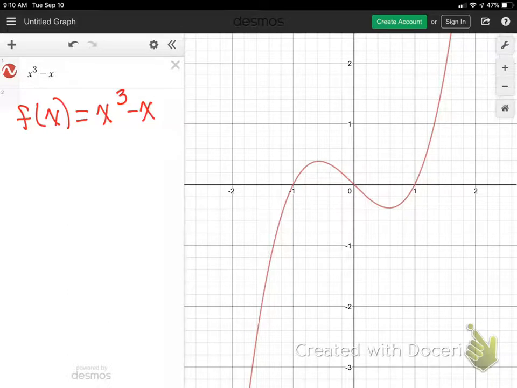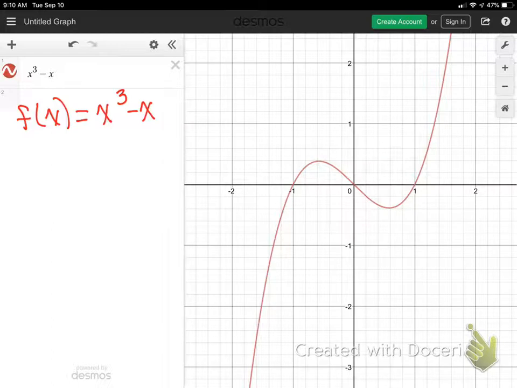So my highest exponent here is 3. Is 3 even or odd? Odd. Okay? That automatically means it's not an even function. I don't even need to test to see if it's an even function because its highest exponent is odd.